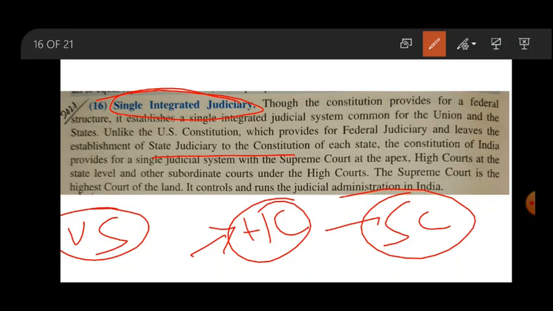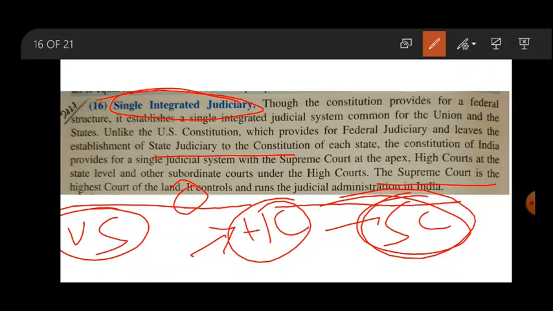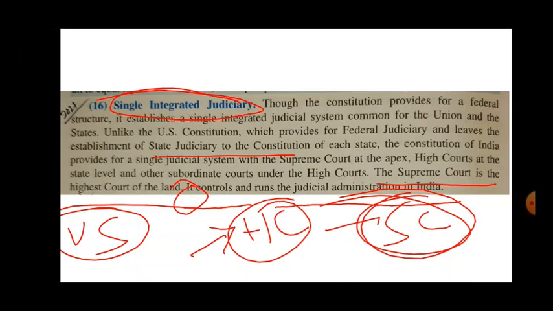All the judicial system is run by the Supreme Court of India. So here it says in the last line, it controls and runs the judicial administration in India. This is referred to the Supreme Court. The Supreme Court is the highest court of the land. So that's all about single integrated judiciary.